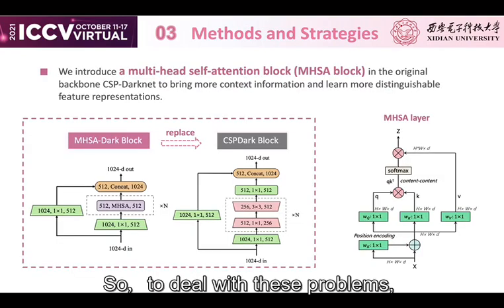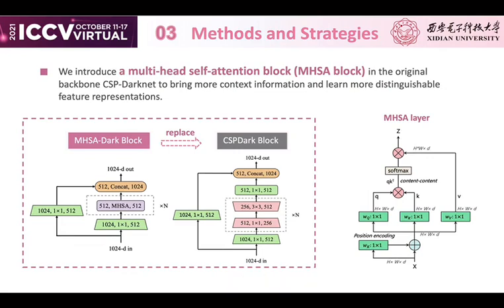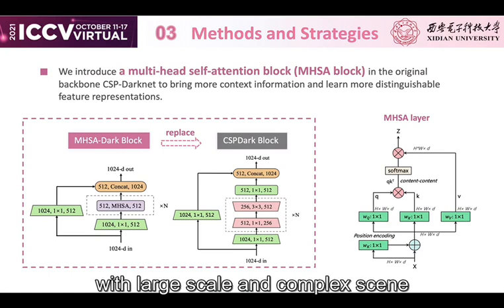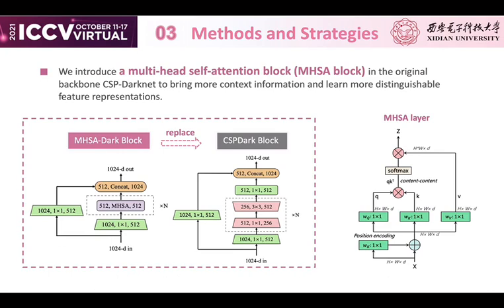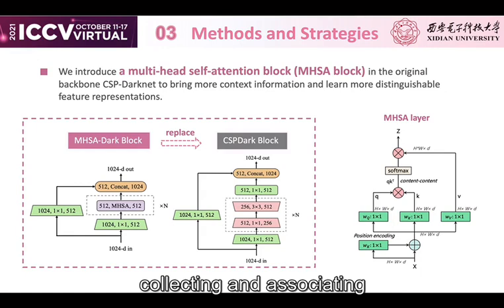So, to deal with these problems, we proposed some targeted methods and strategies. To begin with, for drone-captured images with large-scale and complex scenes, to improve the semantic discriminability and alleviate category confusion, collecting and associating scene information from a large neighborhood can be useful in learning relationships across objects.